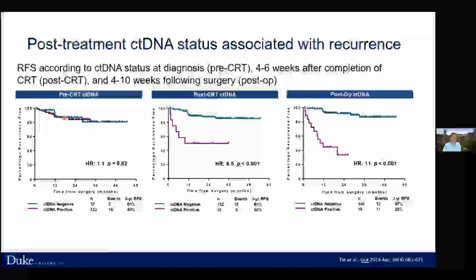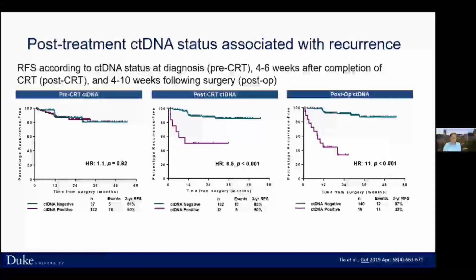And whether a patient was positive or negative, there was no prognostic impact before the start of treatment. But then after chemoradiation, you see the curves really separate. Those who are negative have a much better relapse-free survival than those who are positive. And then postoperatively, you can see the gap even wider between those who are positive and those who are negative.